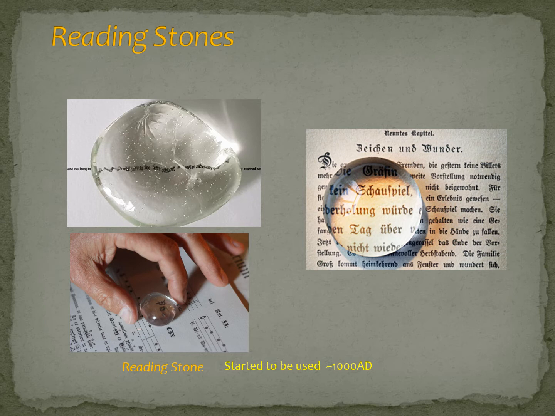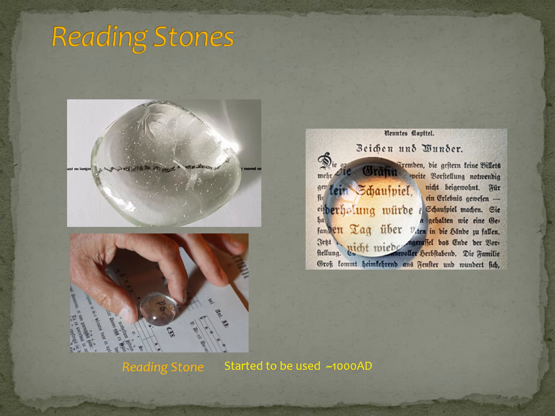So the use of reading stones is quite old. It's even before Christ. People would use small pieces of glass or crystals that they would find to help them read.